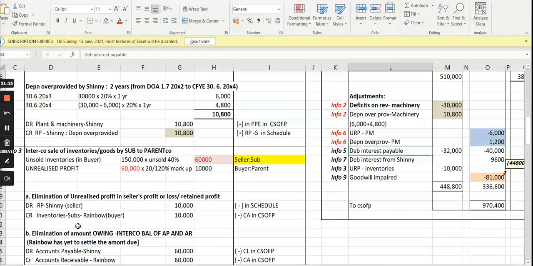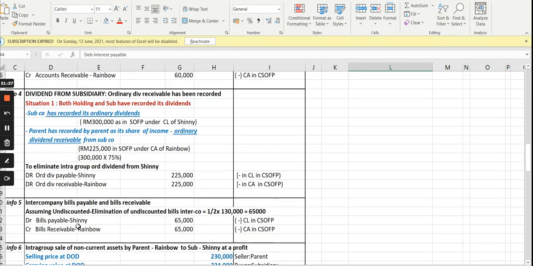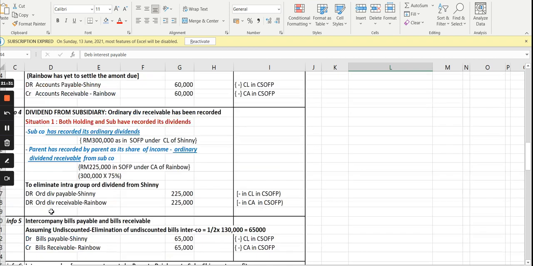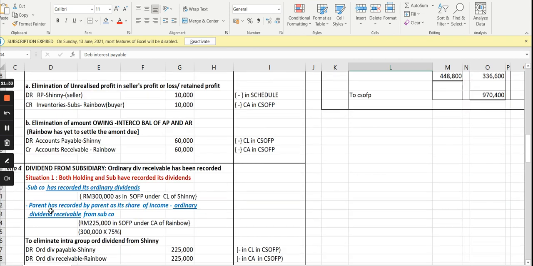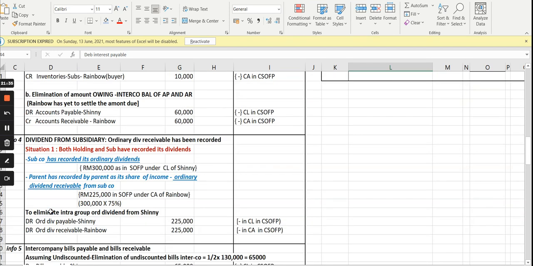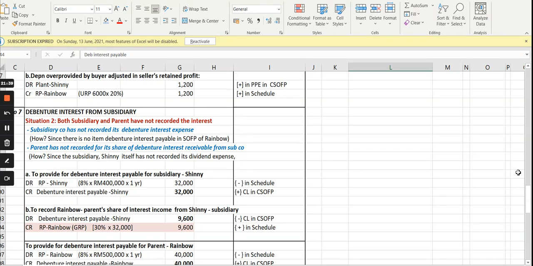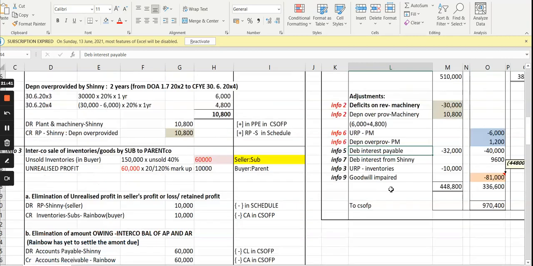So this is from information 5, where we have earlier analyzed that there are some... information 4 actually. Information 4 is on dividends. Information number 7 is on debenture interest from subsidiary.